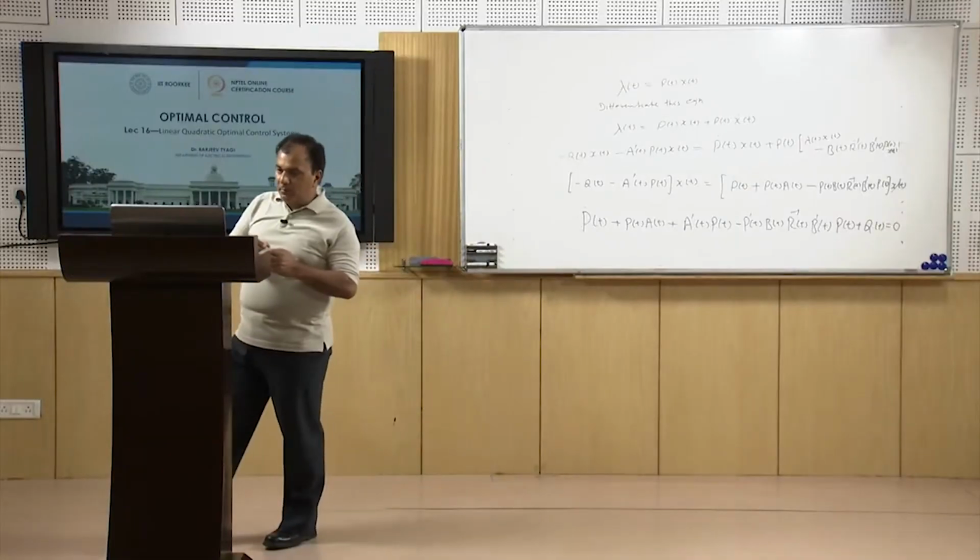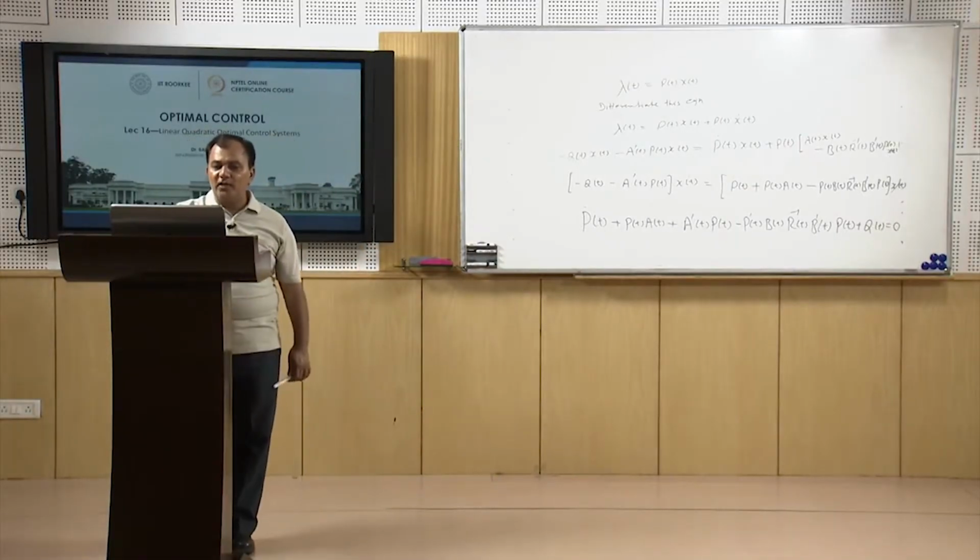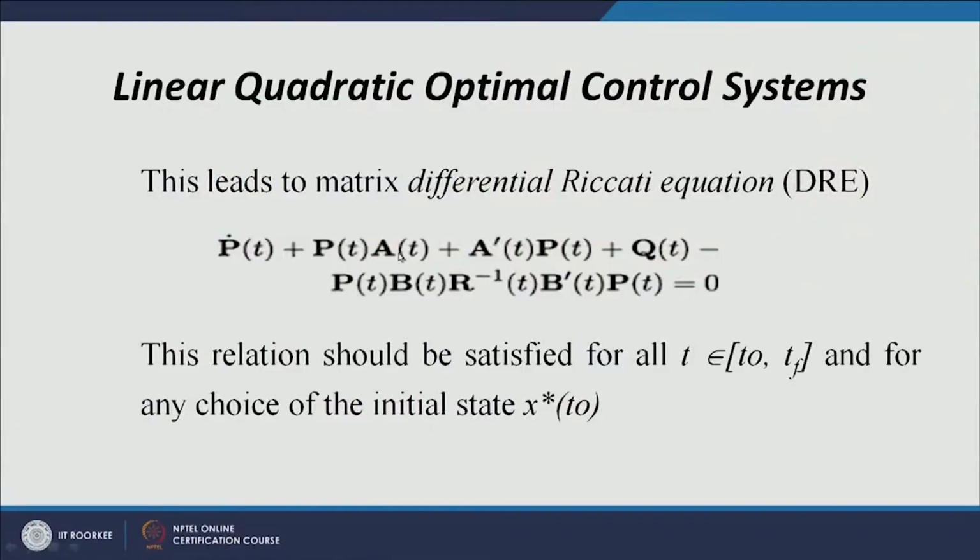So, by this we got this equation: P dot T plus PA plus A transpose P plus Qt minus PB R inverse B prime PT equal to 0, and this relation should be satisfied for my specified time T0 to Tf, and for any choice of my initial condition x of T0.